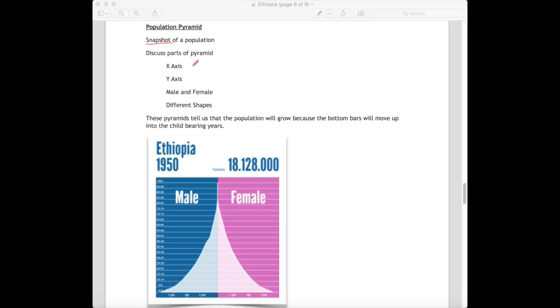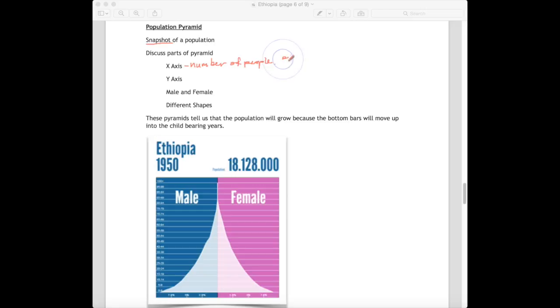So, like I said, it's a graph. On any graph you have an x-axis and a y-axis. The x-axis is the number of people in a population.